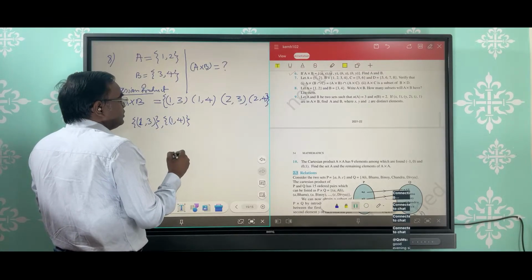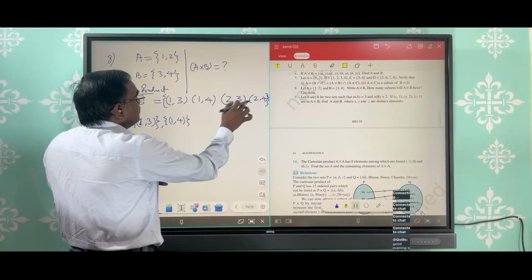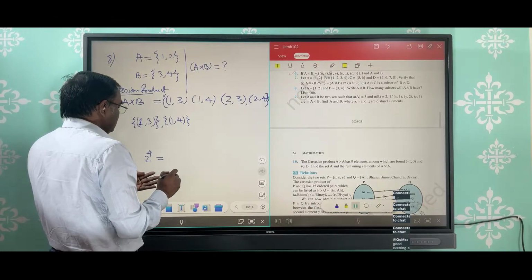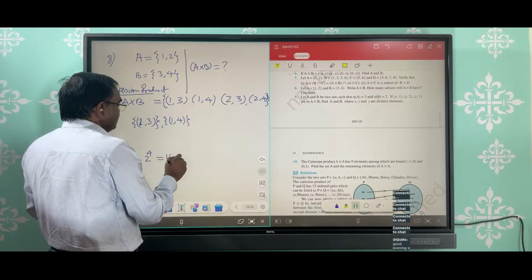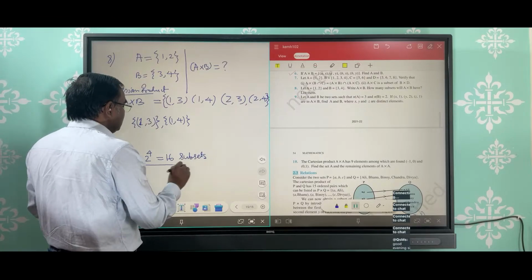So there is no need to write all this. Answer is 2 to the power 4, that is total 16 subsets.